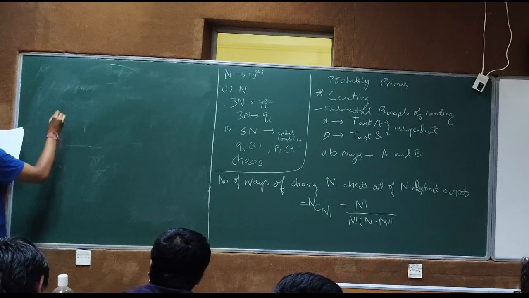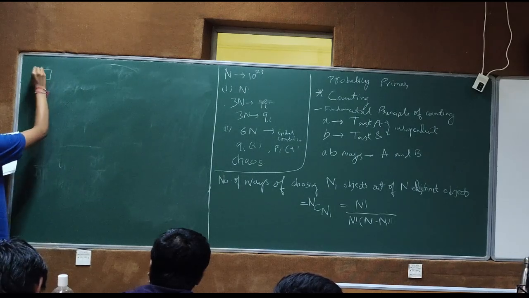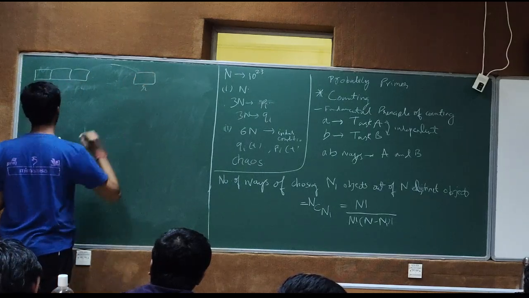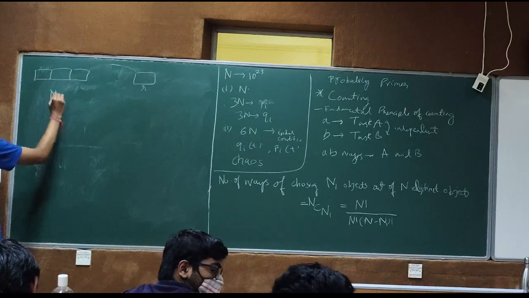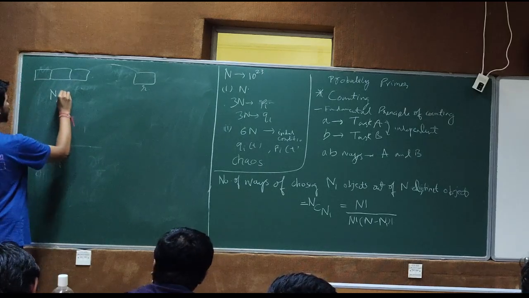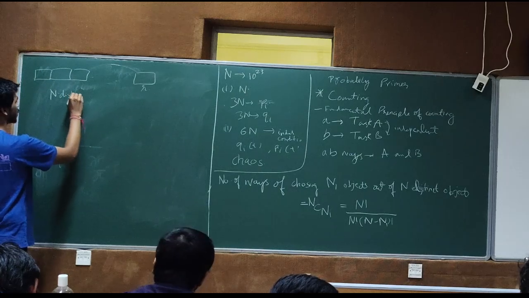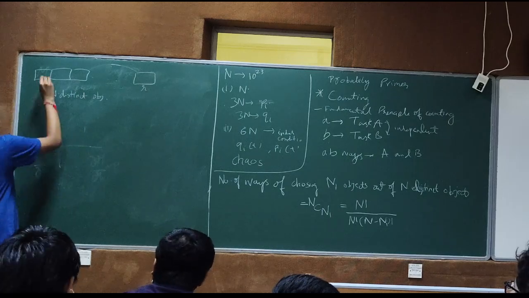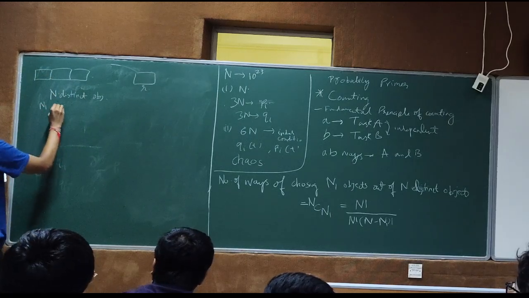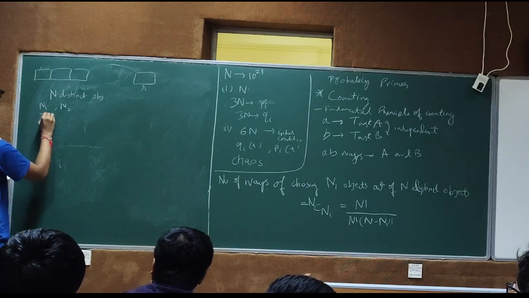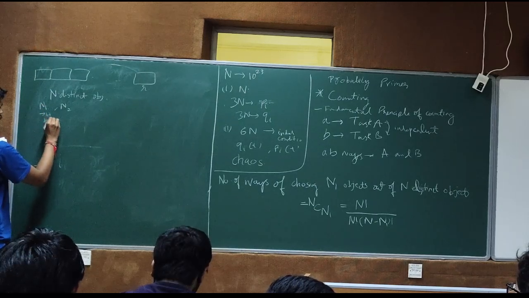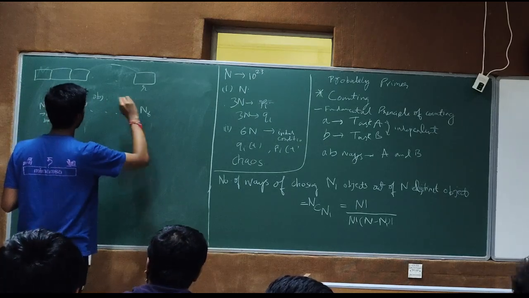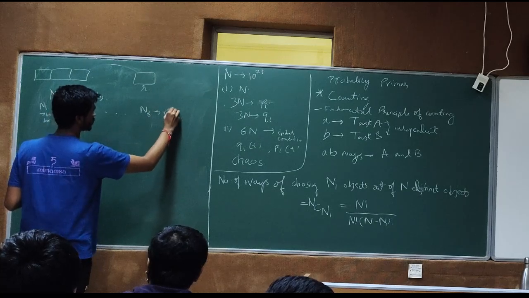Now suppose there are R boxes, and we want to distribute n distinct objects in these R boxes, such that n1 go to the first box, n2 go to the second box, and so on till nR objects go to the R-th box.